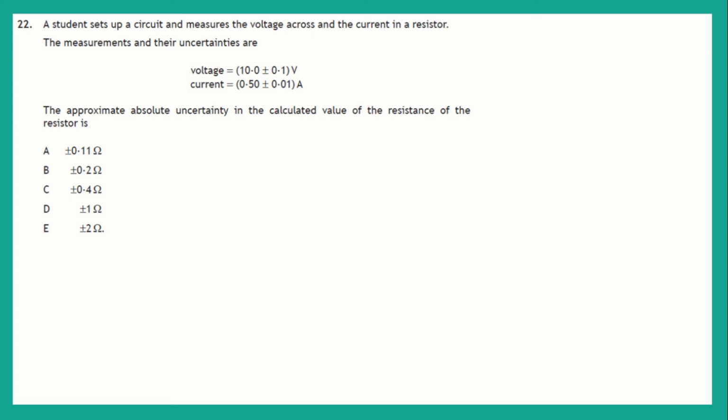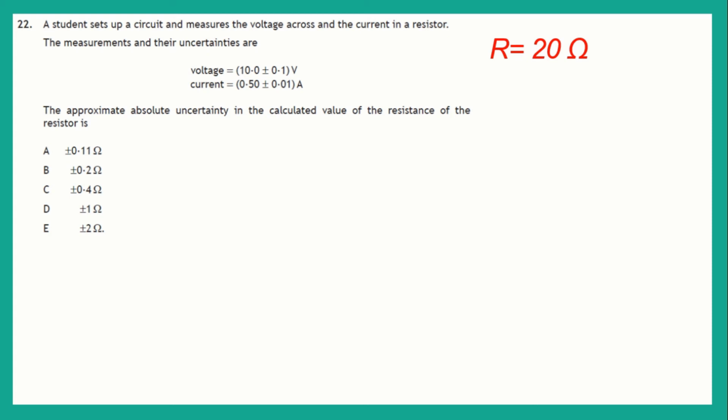So let's go ahead and calculate the resistance first. To calculate the resistance we use Ohm's law, and rearrange for the resistance. We get R = V over I. This gives us 10 divided by 0.5, or 20 ohms. But what about the uncertainties? Well, we need to combine the uncertainty in the voltage and the uncertainty in the current.